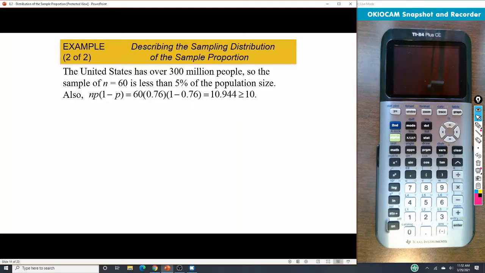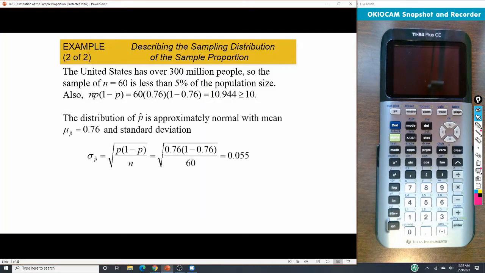Then we check whether n times p times 1 minus p is greater than or equal to 10. Our n is 60, our p is the 0.76 we talked about previously, and 1 minus 0.76. Multiplying all that together, we get 10.944, which is greater than 10. So we know that we're going to be normal.